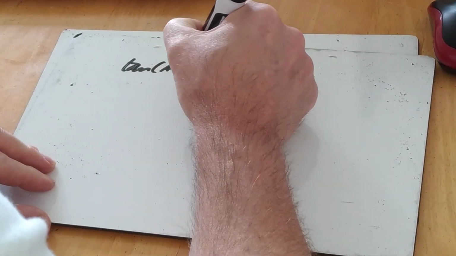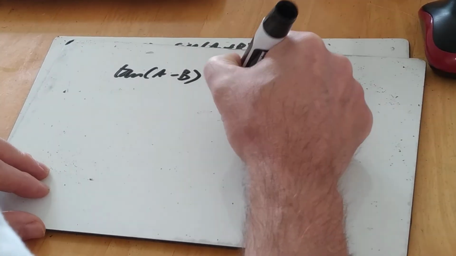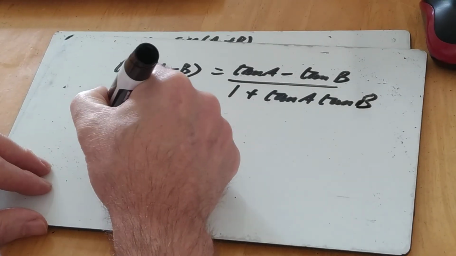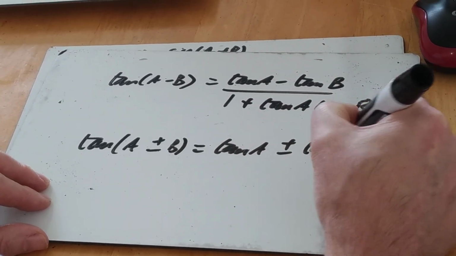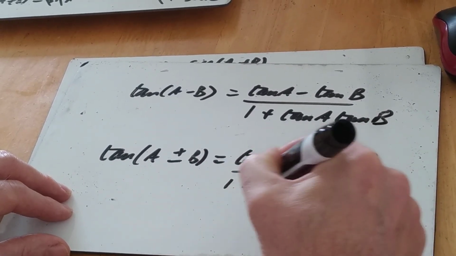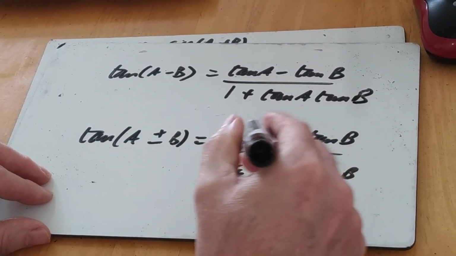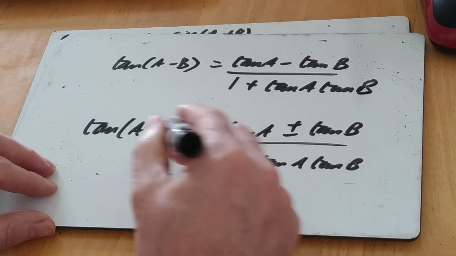Well, it becomes, just change the signs, tan A minus tan B over 1 plus tan A tan B. And be aware that in the formula book they might write the two of them together, as I said before, plus or minus there, as tan A plus or minus tan B. So what it means is we follow the top one if it's plus, and we follow the bottom one if it's minus, and then minus or plus tan A tan B. So if I want tan of a difference, it'd be tan A minus tan B as above over 1 plus tan A tan B. That's what the plus minus mean in that case there.